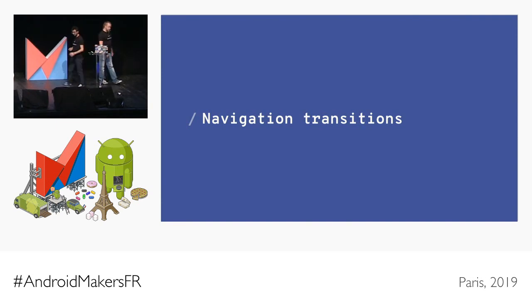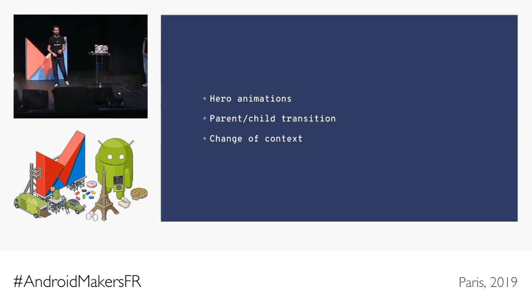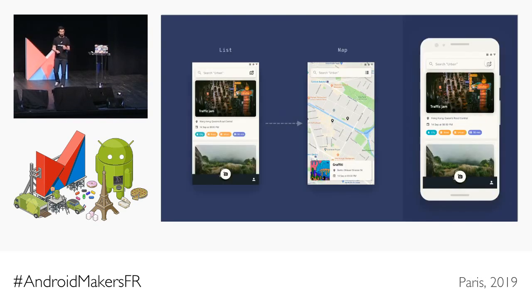So next category, navigation transitions. This is where things become a little bit trickier, but also where animation or motion can help us a little bit. They can help us, for example, to communicate the change of context to the user and also express continuity when an element moves or transforms from one view to the other.